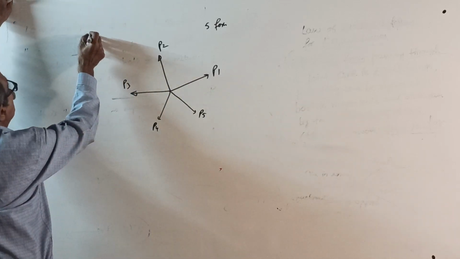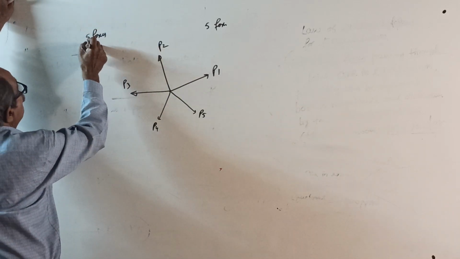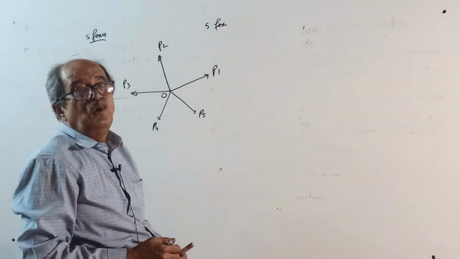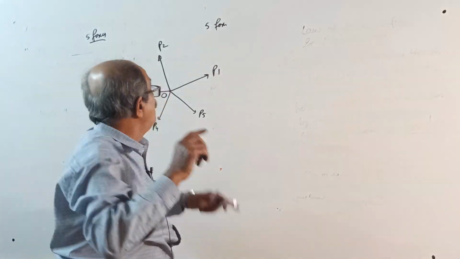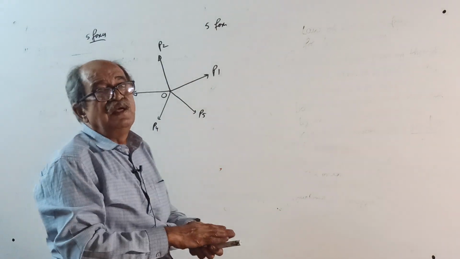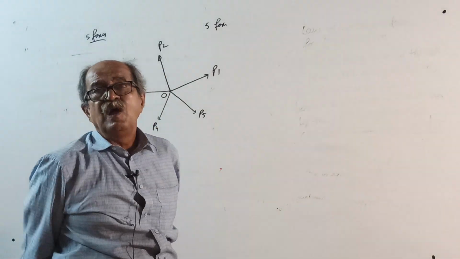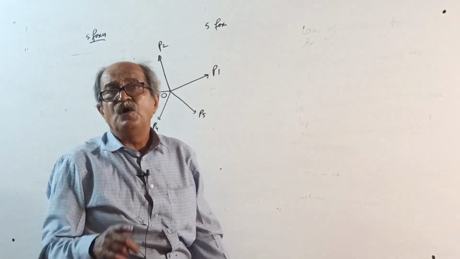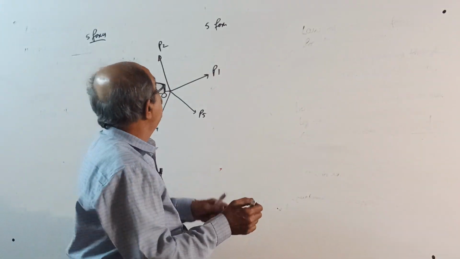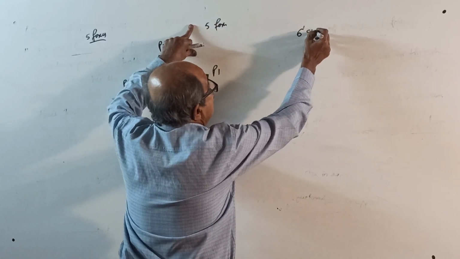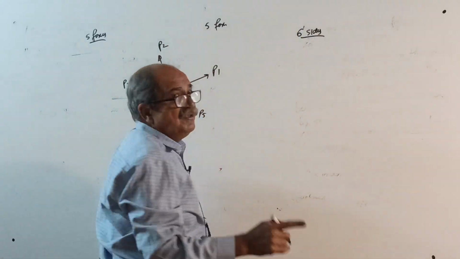Let there be 5 forces passing through a point O. First you consider the law of polygon of forces for finding the resultant. Therefore, if 5 forces are there, we require 6 sides. There should be a polygon of 6 sides.